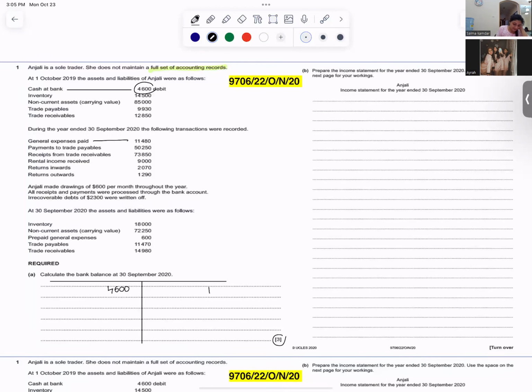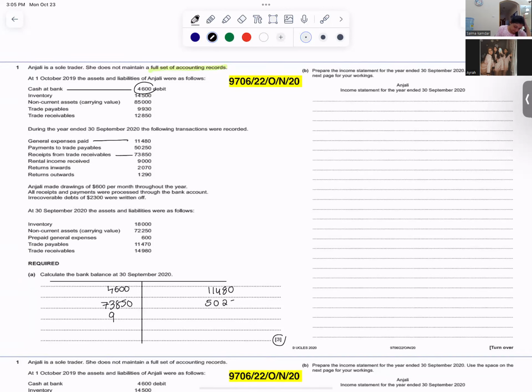So you have expense that is paid, 11,480. Then payment 50. Then receipts 73,850 on the debit side. Then there is a rental income 9,000.